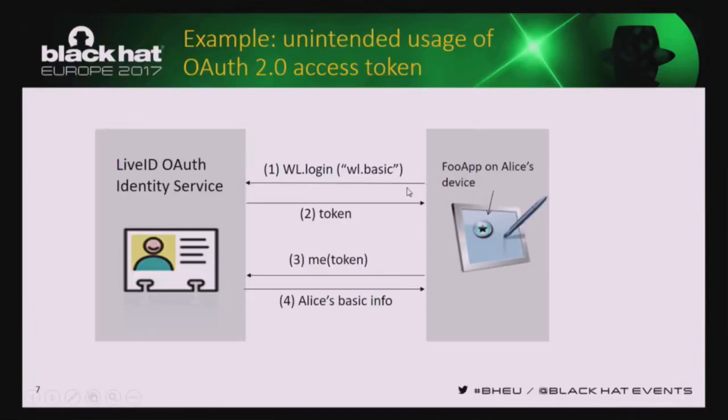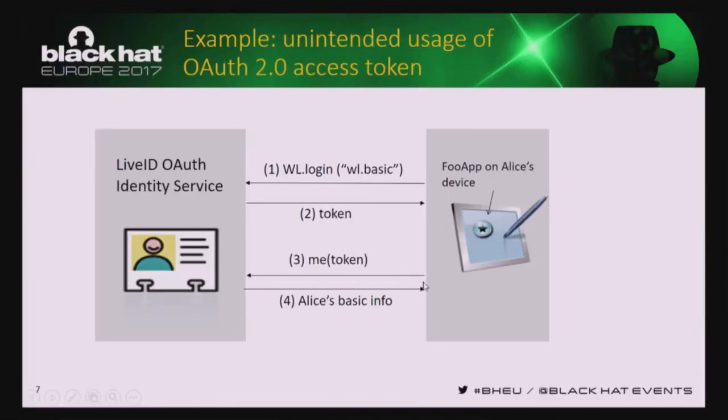First, the app calls a Live ID API, login, with the basic scope. Essentially, this is to tell the service that I'm going to access this user's basic information, public information. Then, of course, the Live ID service needs to issue an access token to the application.